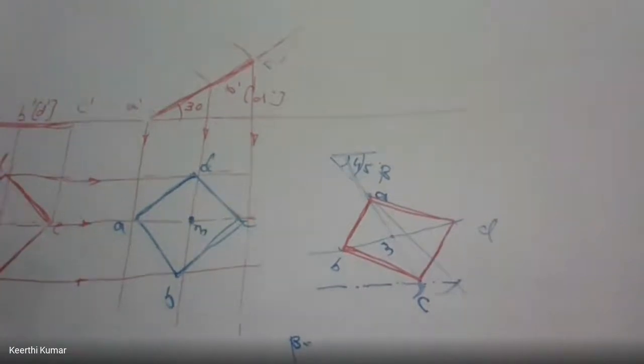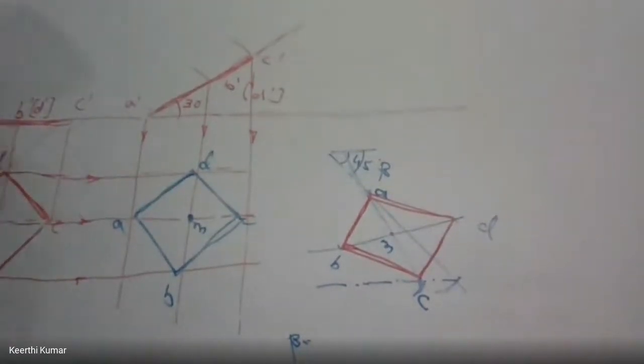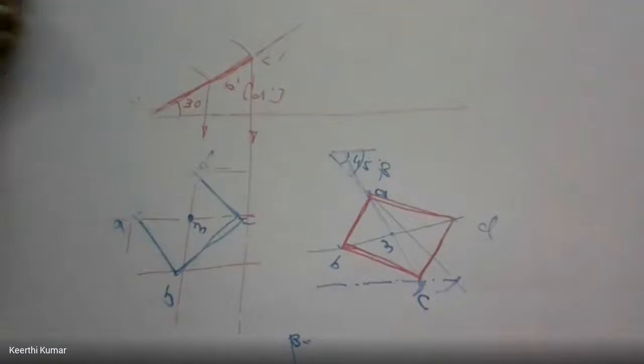So that is the given question. To draw the first condition, what are all the things you should know? You should know what lamina is given, what is the size of the lamina, and whether it is resting on HP or VP. Those conditions are mandatory to know to draw the first position. What is the given lamina?